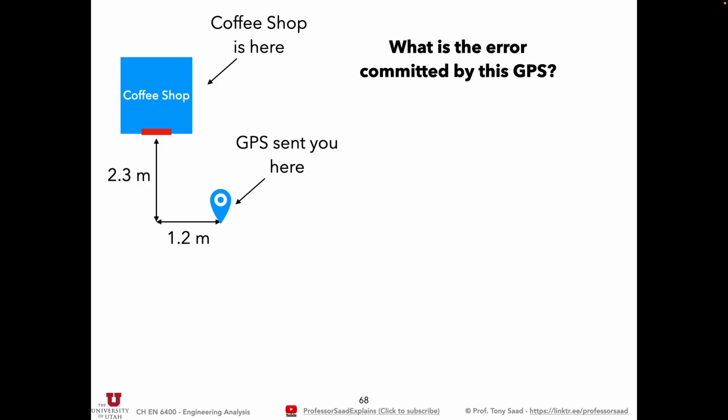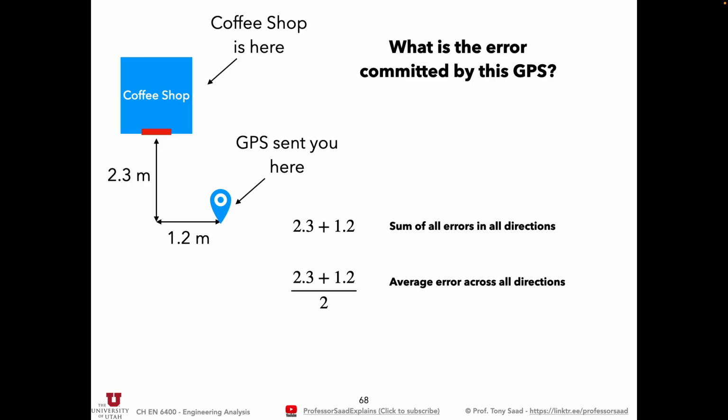So the point of this exercise is to make you think about how we can consolidate two or more errors into a single number. You could take the sum of all errors in all directions, or you can take the average. So you add 2.3 and 1.2 divided by 2. If you had 3 errors in 3D, you just divide by 3. Or you can take the hypotenuse or the Pythagorean magnitude.